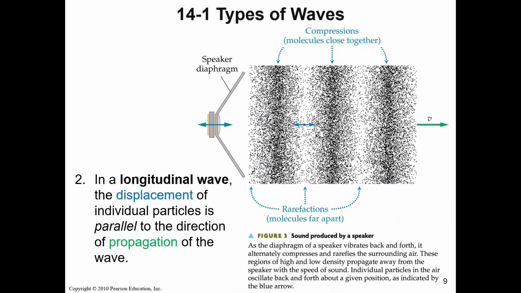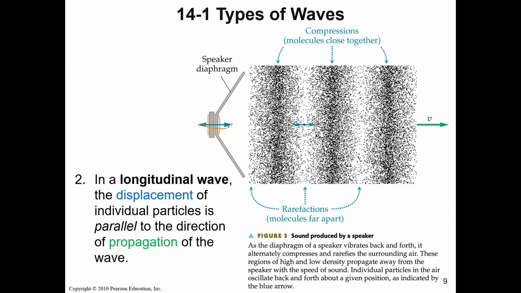Let's continue. There is a second kind of longitudinal wave. In a longitudinal wave, the displacement of individual particles is parallel to the direction of propagation. So we draw here a sound wave. Sound waves are generated by this speaker, and the speaker has a film on it.